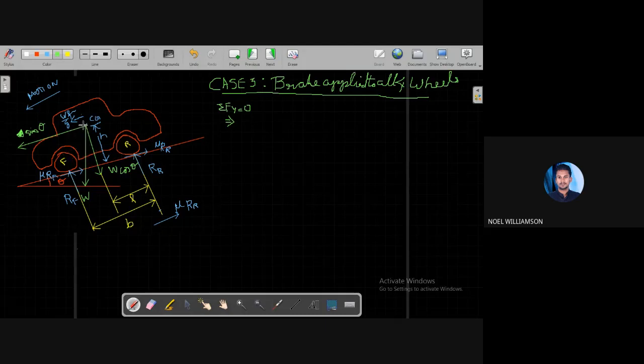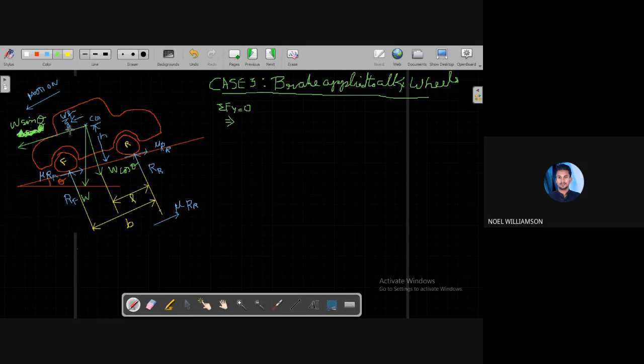The first is the weight capital W, whose components are W cos theta and W sin theta.